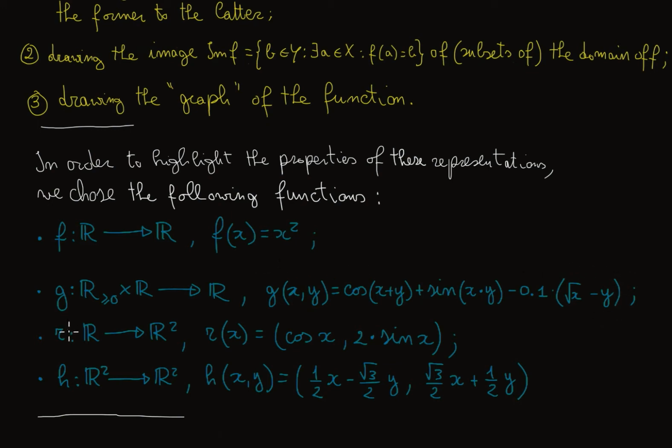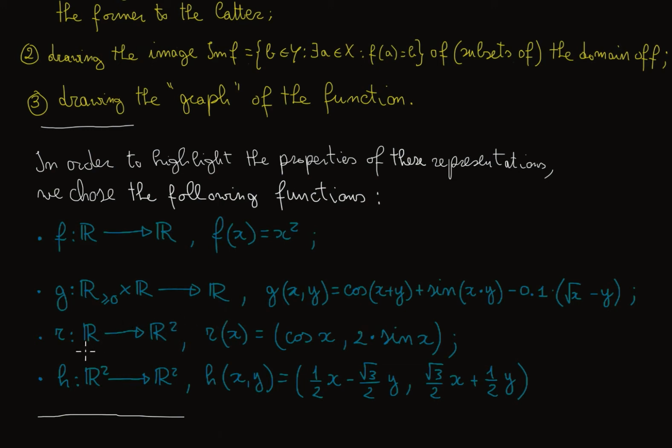The third function is r, and it will go from the real numbers to the plane R squared, and it is defined as r of x equal the pair of numbers cosine of x comma 2 times sine of x. So notice that since the domain is the real numbers, I choose one x in the real numbers, so a generic number, and I have to associate to it an element of R squared. So it is a pair of real numbers, and this pair is precisely cosine of x comma 2 sine of x.